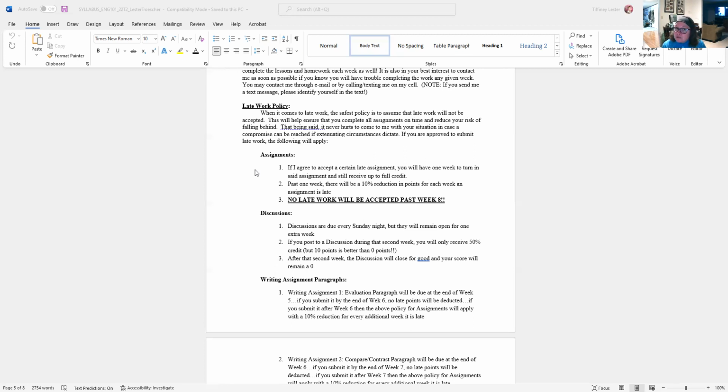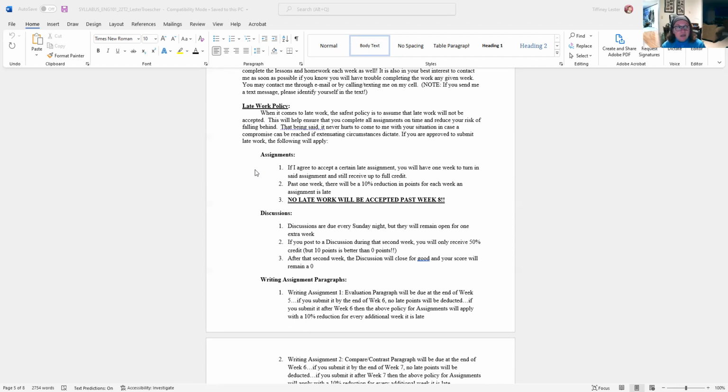But some points are better than none, 10's better than 0. So even though it's a harsh deduction in points, don't let that stop you from posting late. Go ahead and do it in that second week that it's open if you need to. But it's really in your best interest to try to get those discussions done by Sunday night every week.